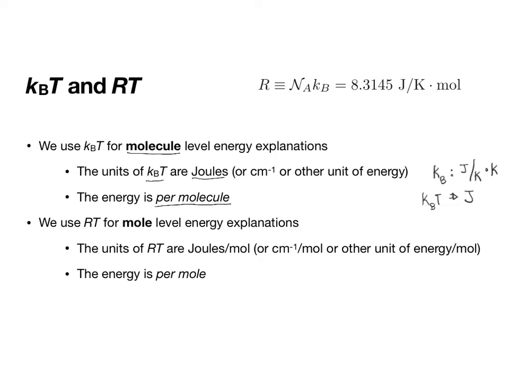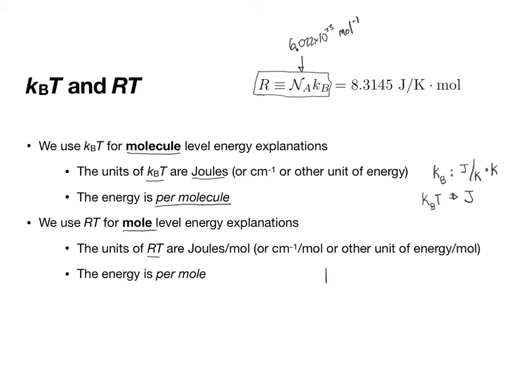But the ideal gas constant is defined as Avogadro's number, 6.022 times 10 to the 23 inverse moles, times the Boltzmann's constant. And so we can also express our energy per mole in terms of the ideal gas constant times temperature.